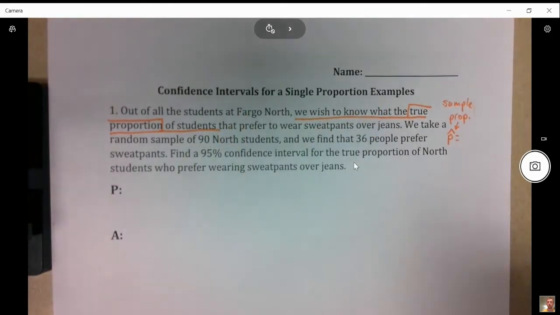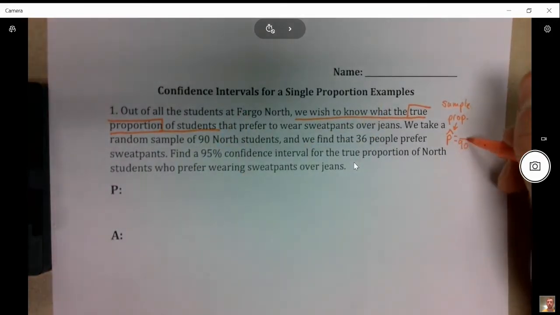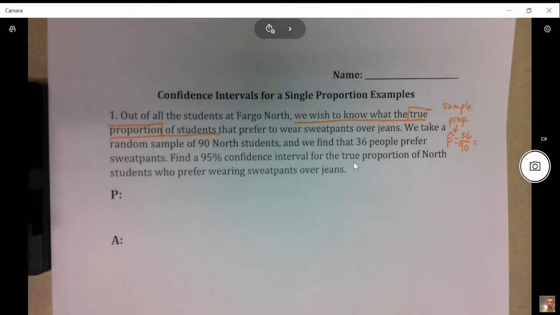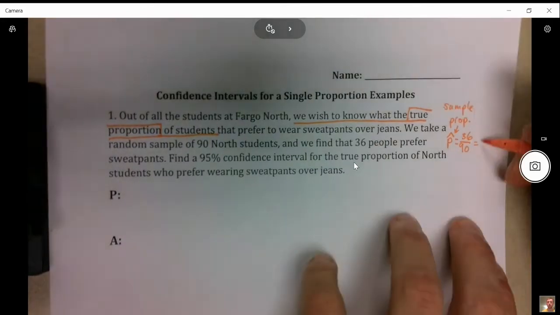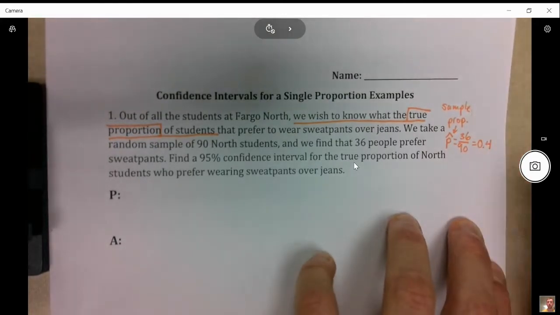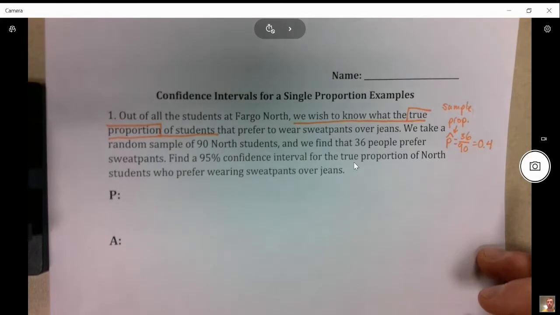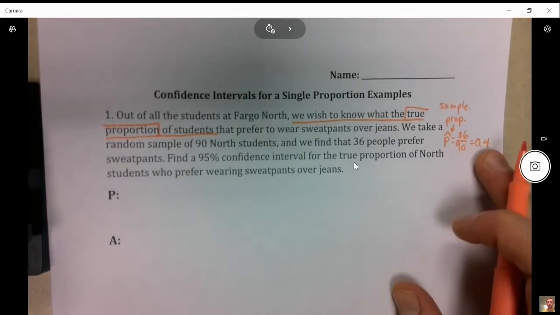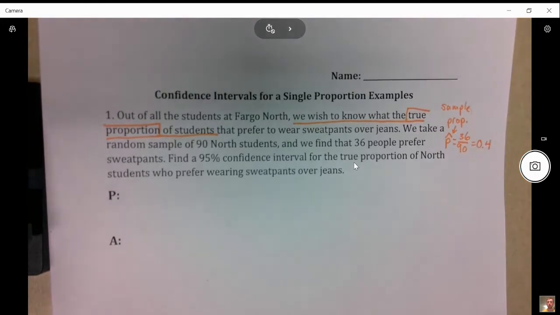Well, here we're surveying 90 people, and 36 of them say that they prefer sweatpants. Now, we could keep it as 36 over 90, but if I plug that into my calculator, oftentimes we want to express that as a percentage or as a decimal. So 0.4 or 40% is our p hat value. Again, that just means out of our sample of 90 people, 40% of them prefer sweatpants, okay?